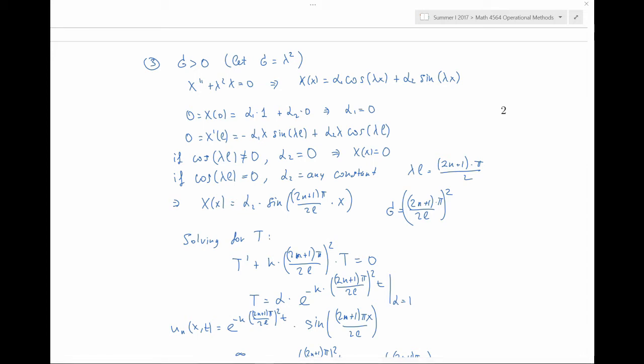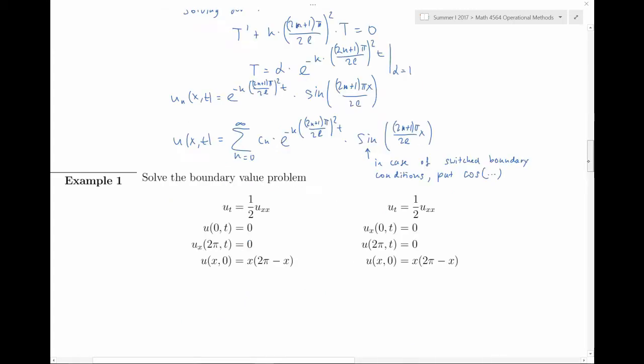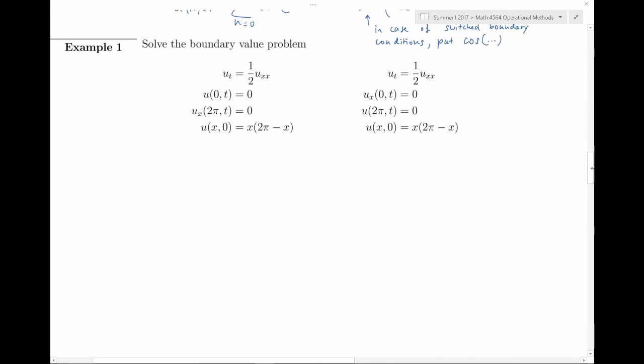And then when I use the other condition, when X of L is required to be 0, then again we would come to the conclusion that the cosine of lambda L has to be 0, and that means that lambda is again an odd multiple of pi over 2. So what I'm going to do now is I'm going to solve both of those problems, which are only different in the type of the boundary conditions they employ.